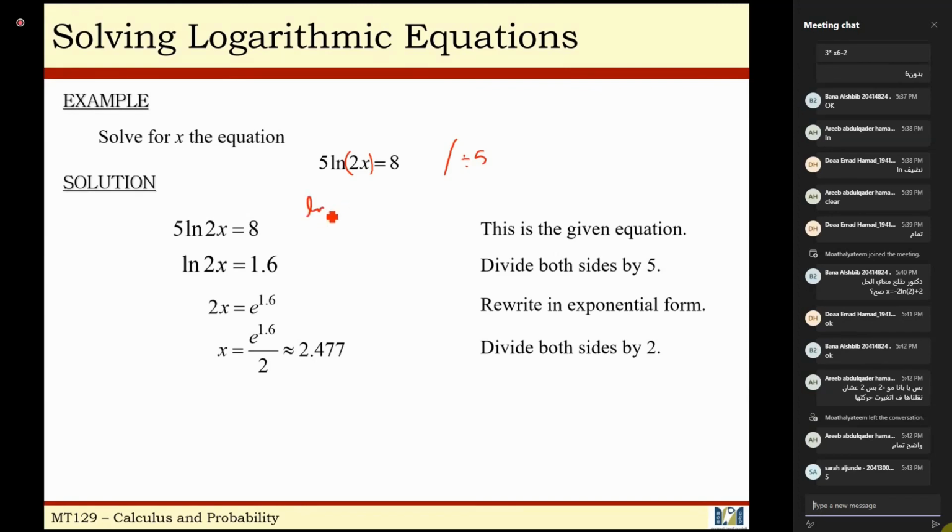So we have ln 2x equal to 8 over 5, like this. 8 over 5 we can put as 1.6 also. 1.6, good.